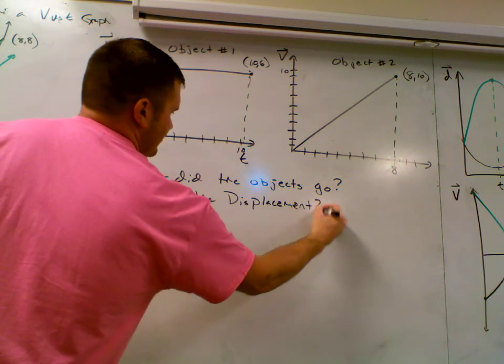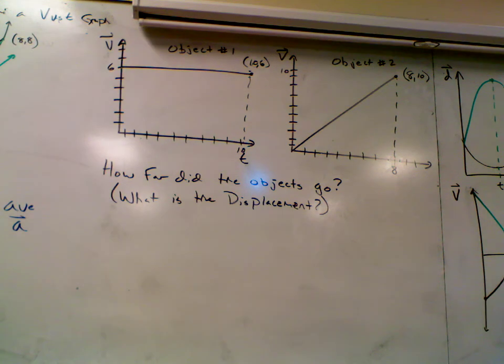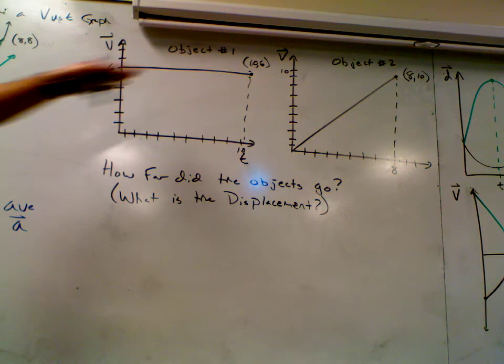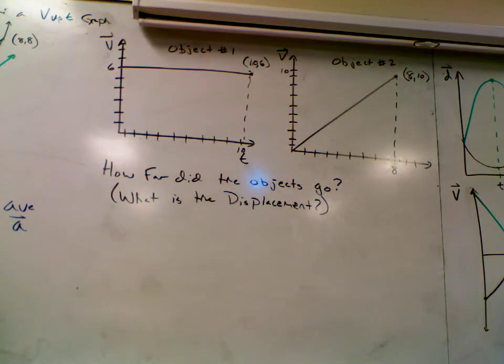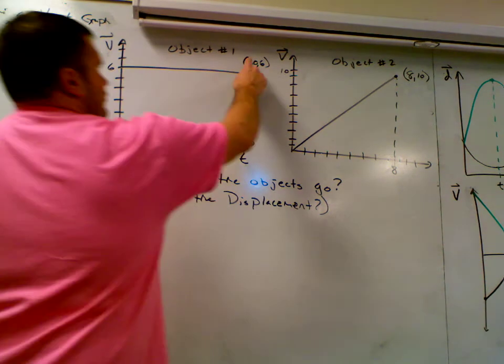Now, if this was a position versus time graph, it'd be easy. The displacement is the final d value, right? But is this a displacement versus time graph? No, it's a velocity versus time graph. So the question is, how far did the objects go?